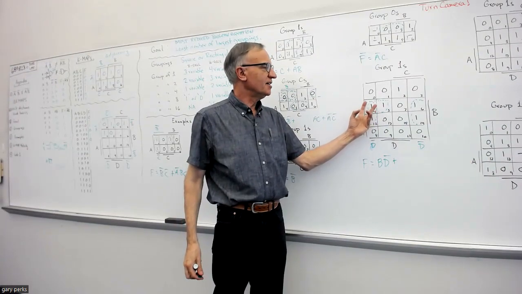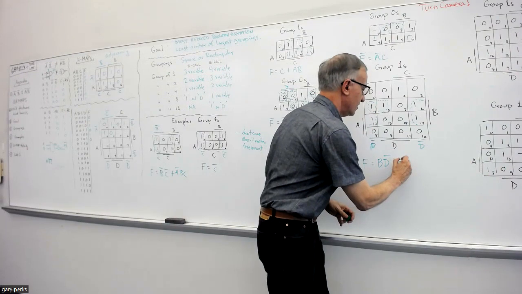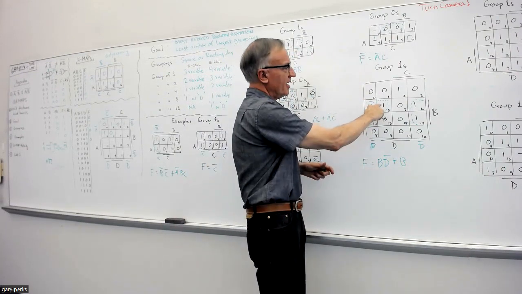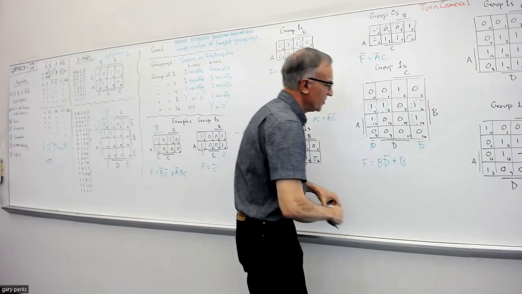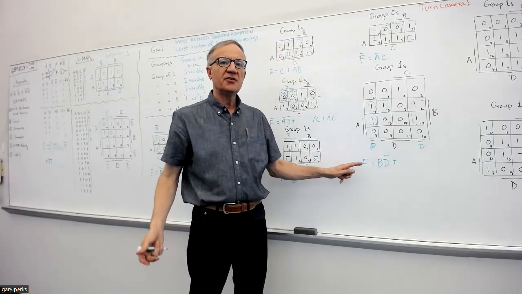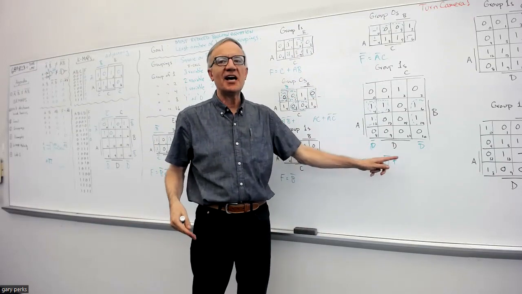So what 3 are the same here? B. Let's see. B, not A, not C. And then the other thing, I don't know if I mentioned this earlier, but when you write the terms, for ease of grading and just by convention, put the terms in alphabetical order.